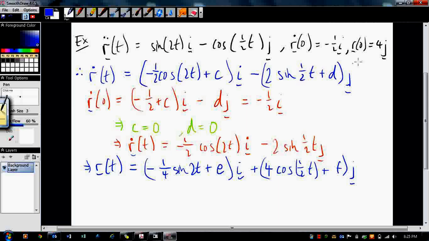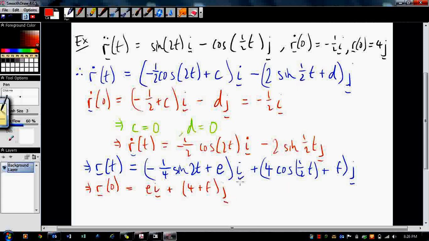Again, we've been told that r of 0 is equal to 4j, so we can use that to find e and f. So r of 0 is equal to, when t is equal to 0, sine is equal to 0, and so we're going to get 0, so we're going to get e i, cos of 0 is equal to 1, and so that's plus 4 plus f j.